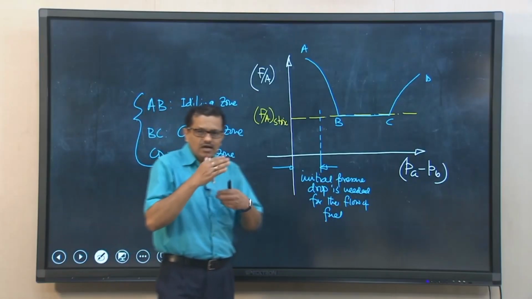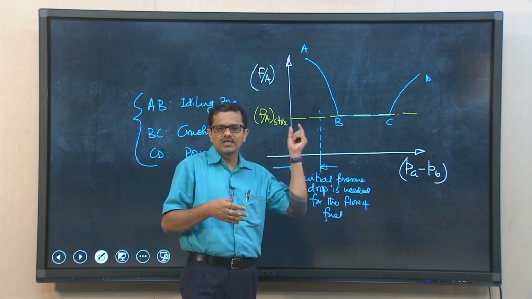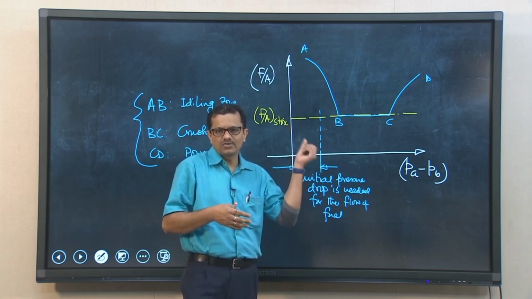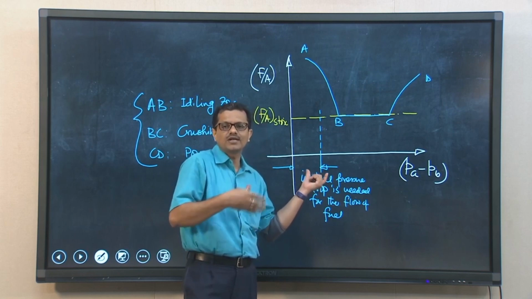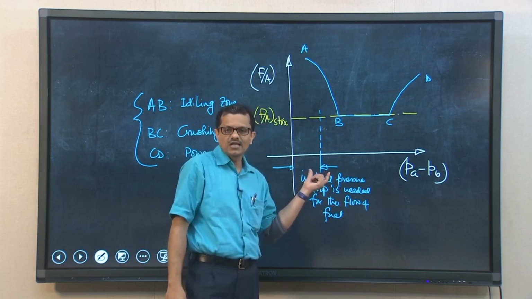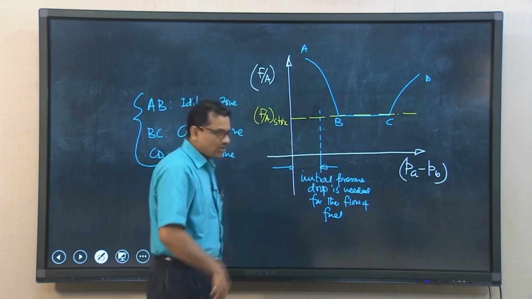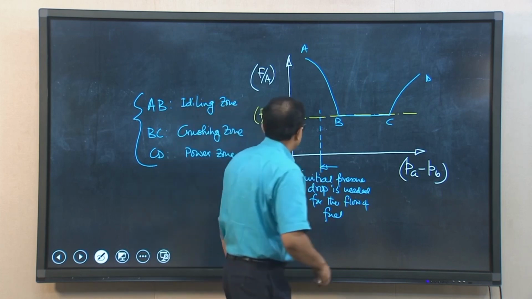The fuel will start flowing from the float chamber to the discharging point through that orifice, provided this initial pressure drop is there. This is required to overcome the frictional losses as well as the surface tension effect.